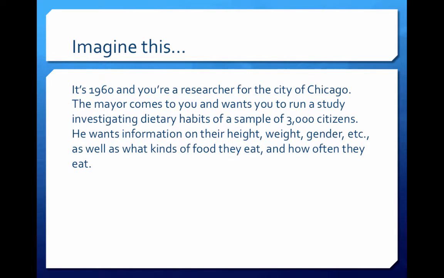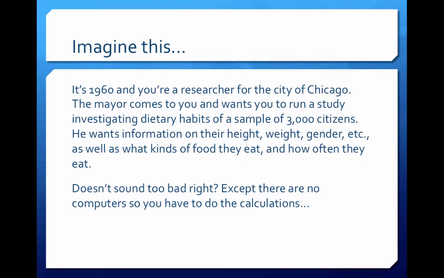Okay, so let me set the scene for you. It's 1960. You're a researcher for the city of Chicago. The mayor comes to you and wants you to run a study investigating dietary habits of a sample of 3,000 citizens. He wants information on their height, their weight, their gender, etc., their demographics, as well as what kinds of food they eat and how often they eat them. Doesn't sound too bad, right?